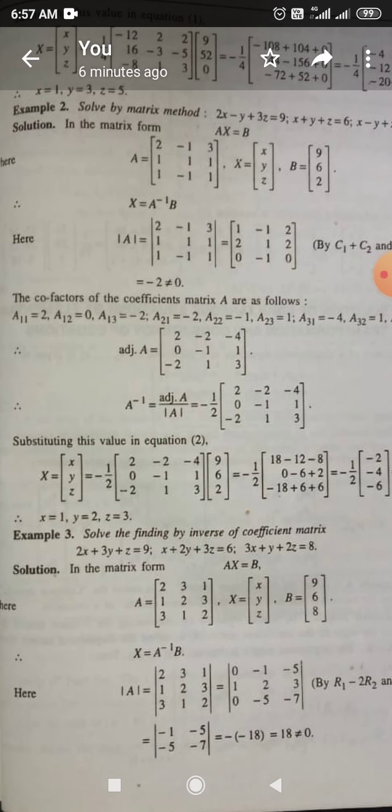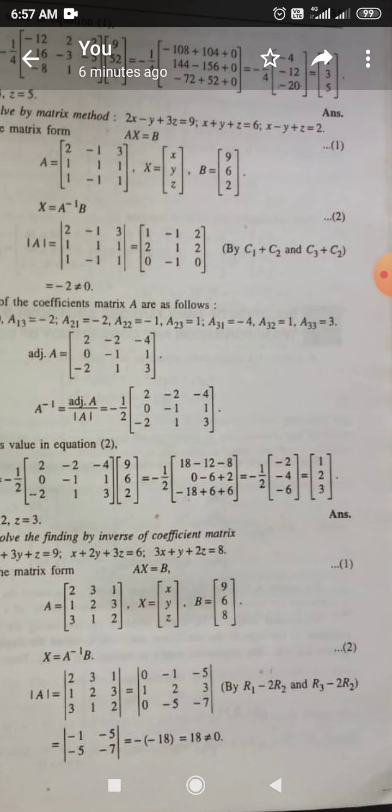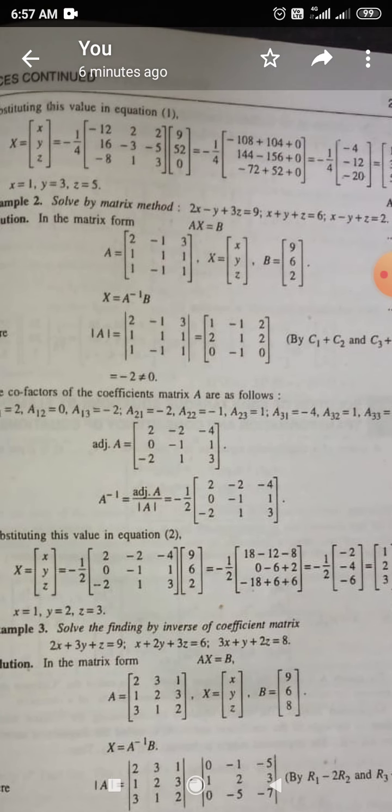The same procedure applies here, putting these values at the place of A11, A12, A13, then transposing the matrix.